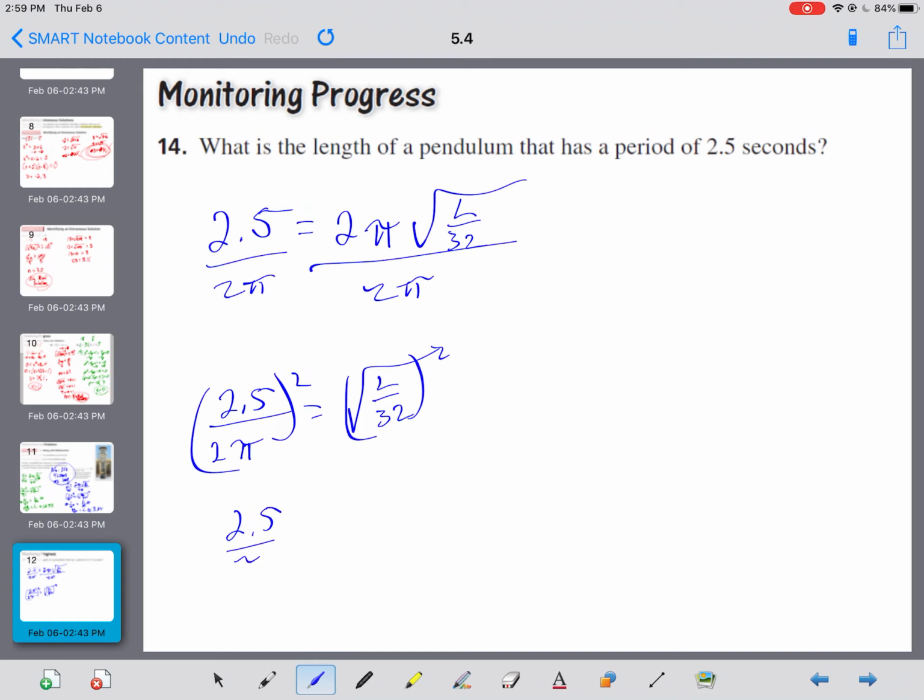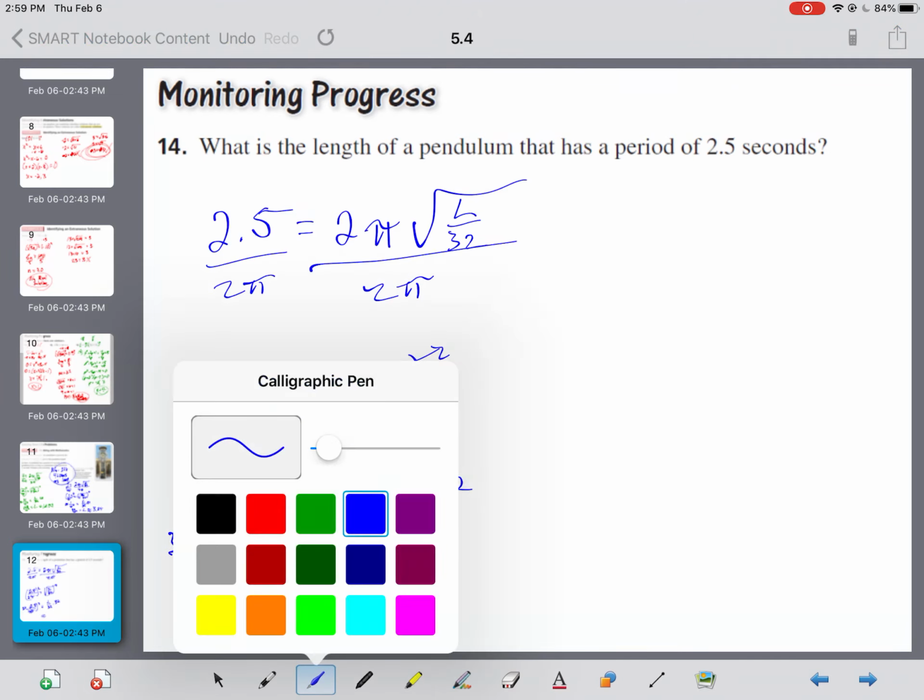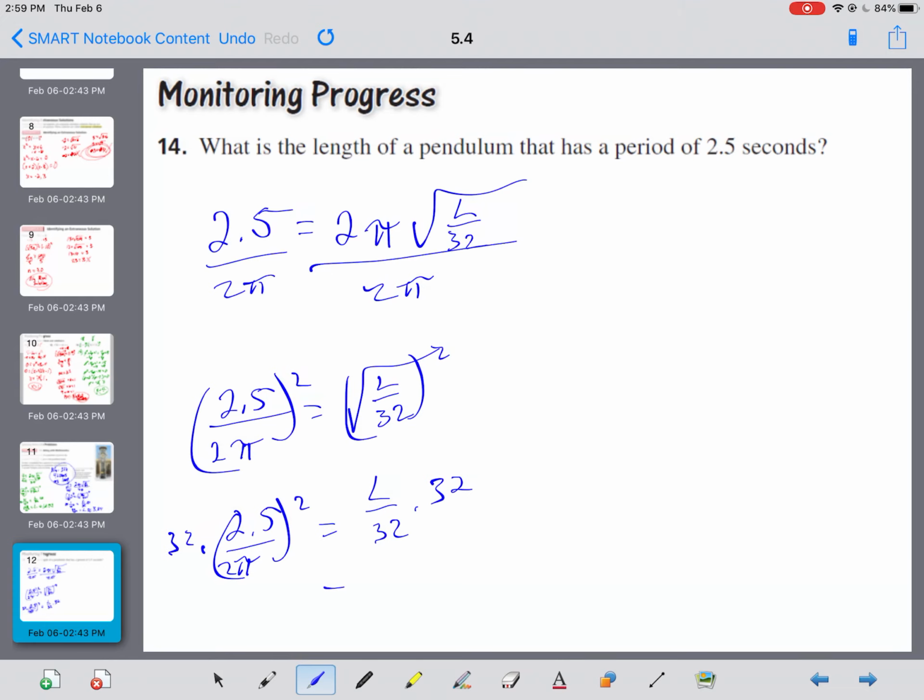Square both sides. 2.5 over 2 pi, squared, equals L over 32, times 32.